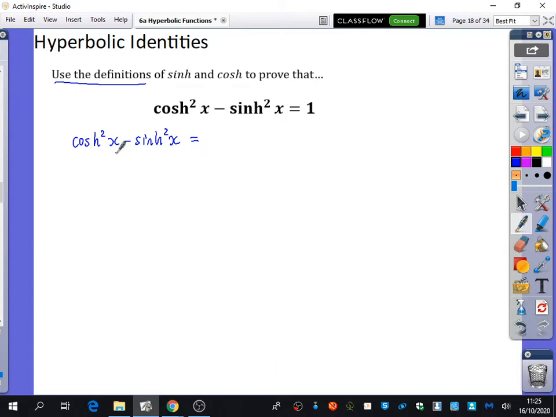So we know that cosh squared x is going to be a half e to the x plus e to the minus x all squared, minus a half e to the x minus e to the minus x all squared.